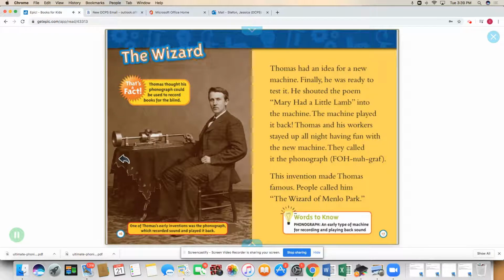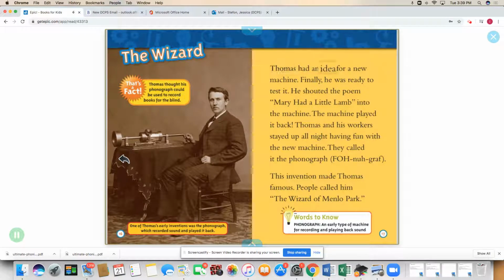The Wizard. One of Thomas's early inventions was the phonograph, which recorded sound and played it back. That's a fact. Thomas thought his phonograph could be used to record books for the blind.